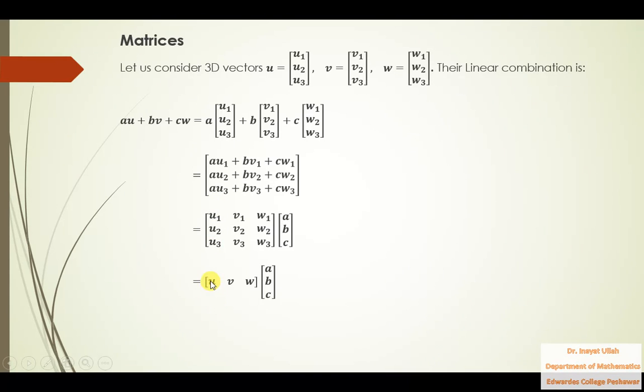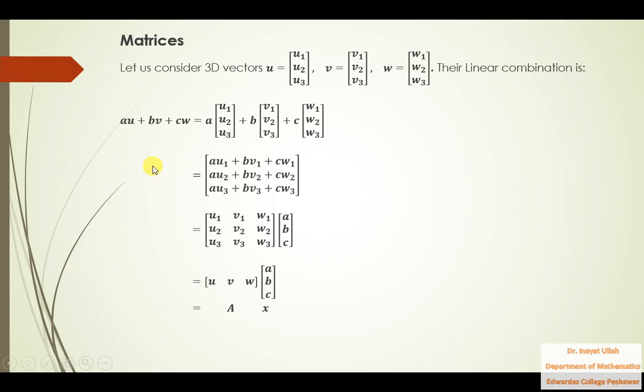The first vector u has its components in the first column of this matrix, the second vector v has its components in the second column, and the third vector's components lie in the third column. This matrix is denoted by A, and this column vector is denoted by X.